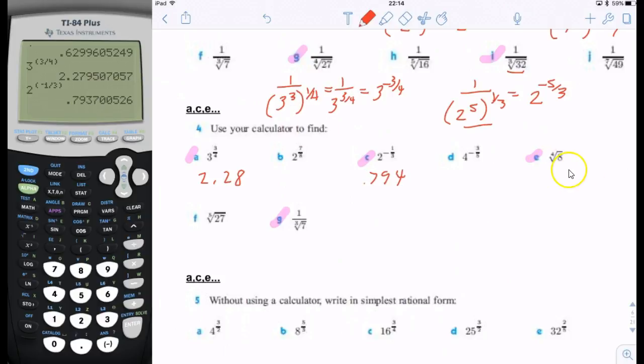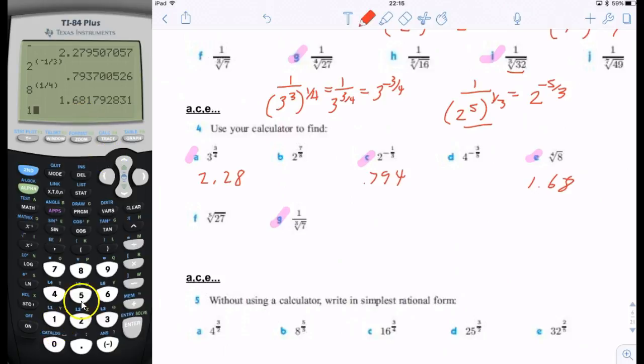This one would be the 4th root of 8. So that would be 8, and then I'll put 1/4. 1.68. And then finally 1 over the cube root of 7.